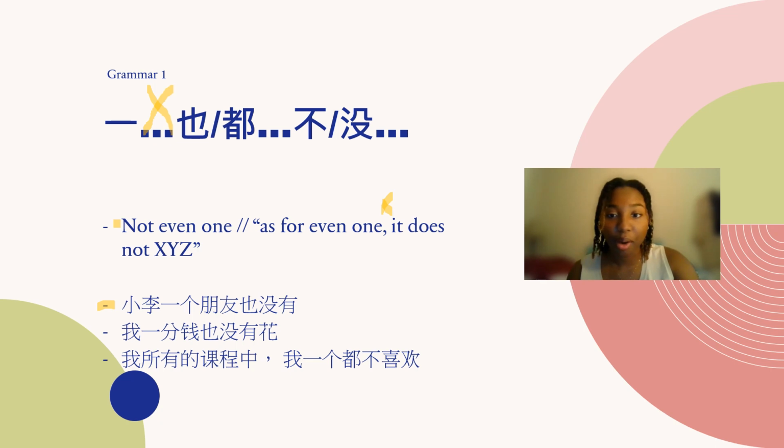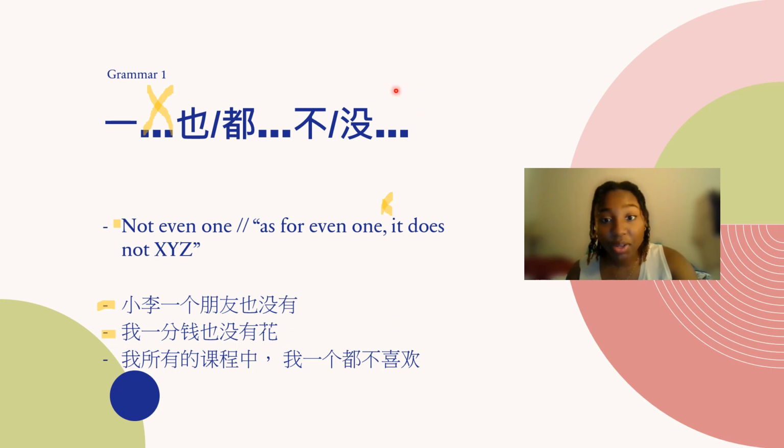一个朋友都没有。那第二个，我一分钱也没有花。I, 一分钱, one bit of money, 1 cent, 1 coin. 一分钱也没有花, did not even spend. So here first we have 一个朋友也没有, does not have friends. This is the verb. But here we have does not 花, so the adverb, did not spend.